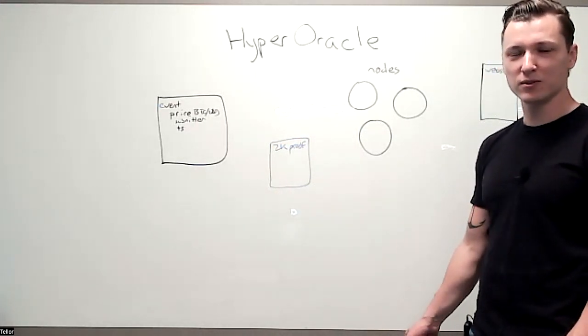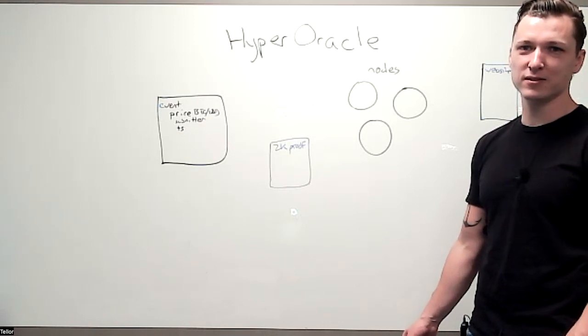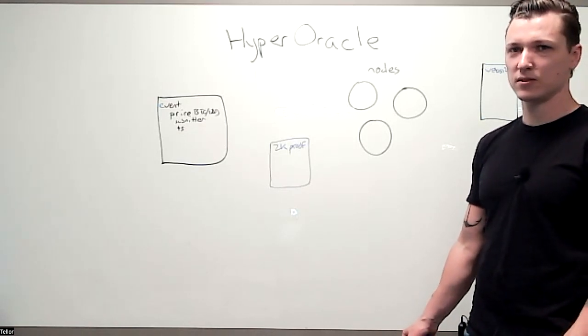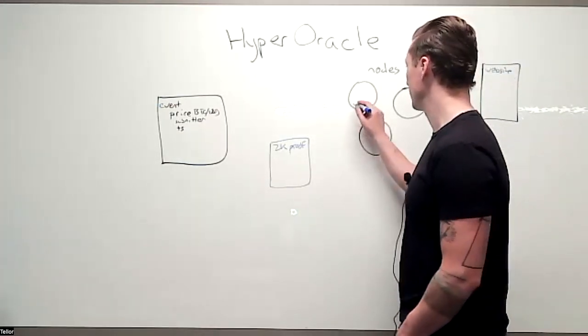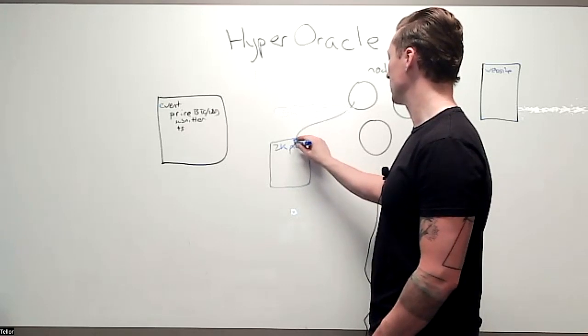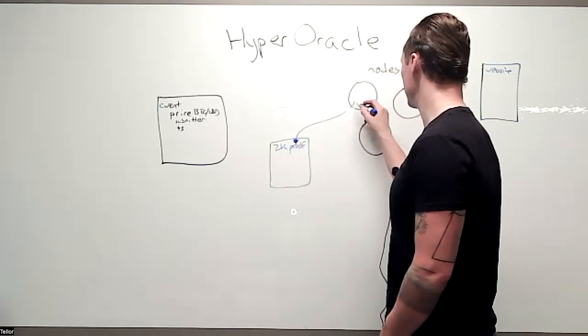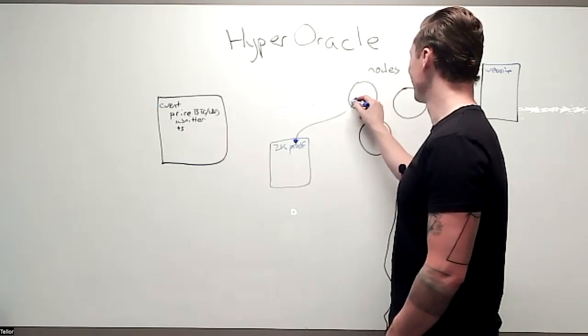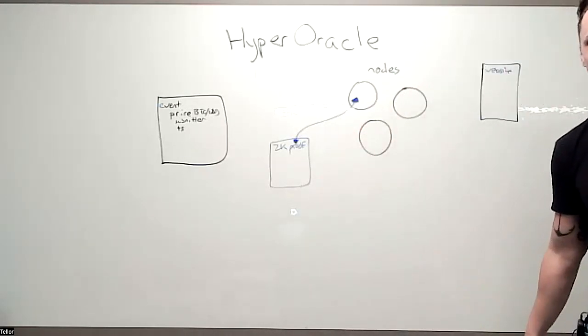Yeah, so this ZK proof is actually living inside of the nodes. Okay, so this is not a smart contract on the blockchain. Yes, it's inside the node. Okay.